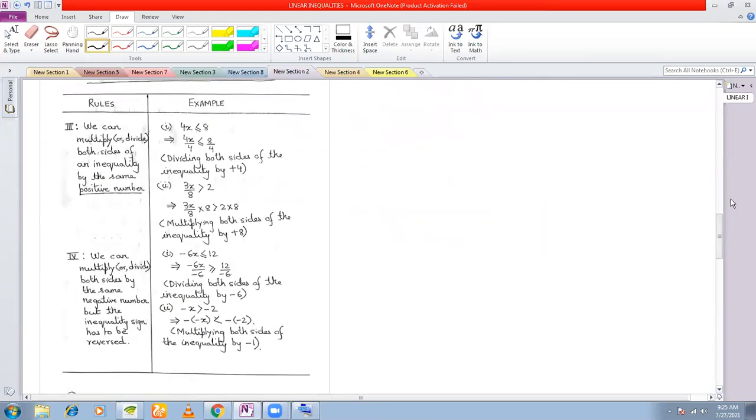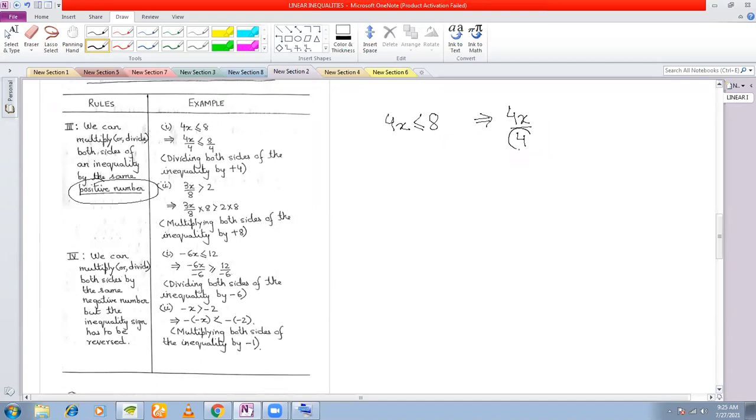Next rule is we can multiply or divide both sides of the inequality by the same real number, by the same positive number, in fact. The positive is the keyword here. So example, if I have 4x less than or equal to 8, if I want to solve this inequality, I want to make the coefficient of x as 1. What do I need to do? I need to divide the left hand side by 4.